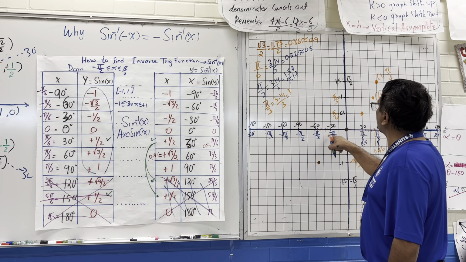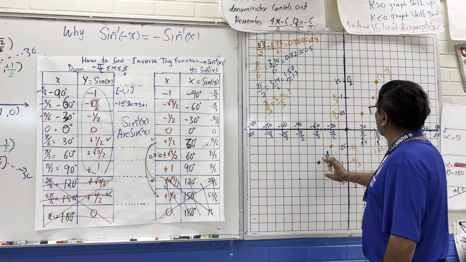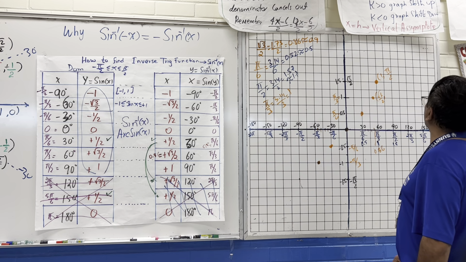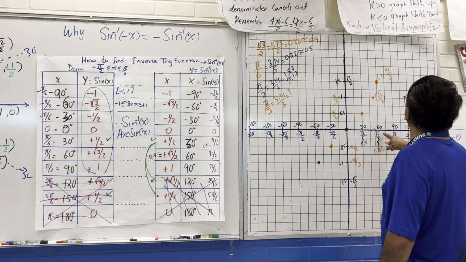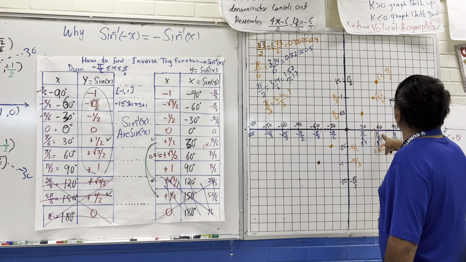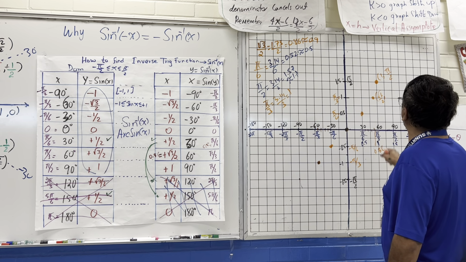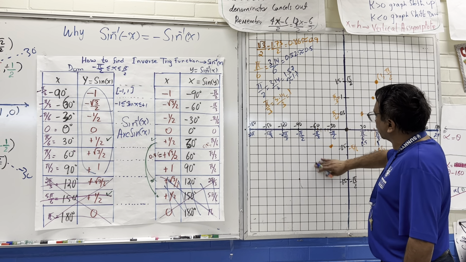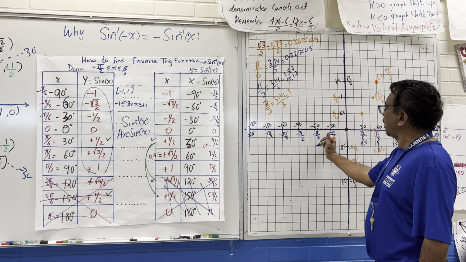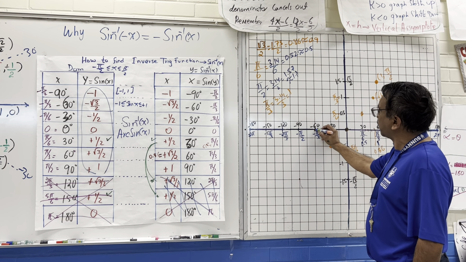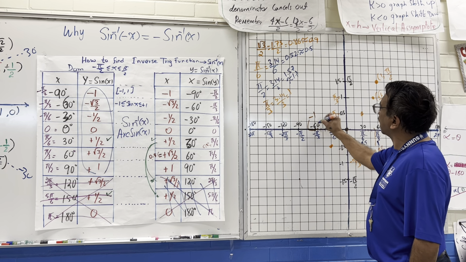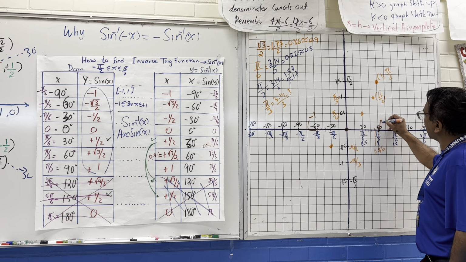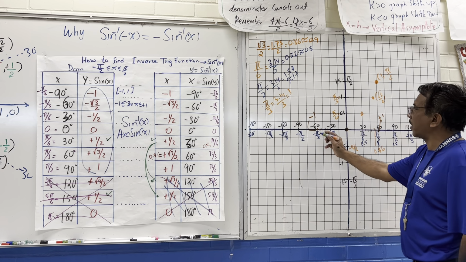Minus 2 spaces is minus 1, so this part is minus 1, just like how I took this part as plus 1.